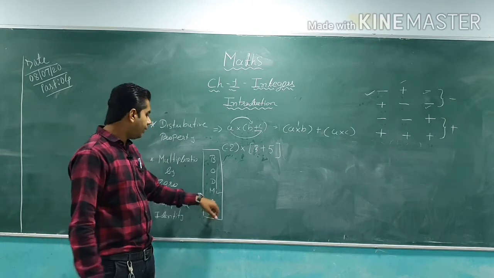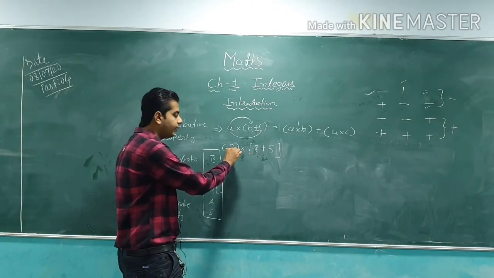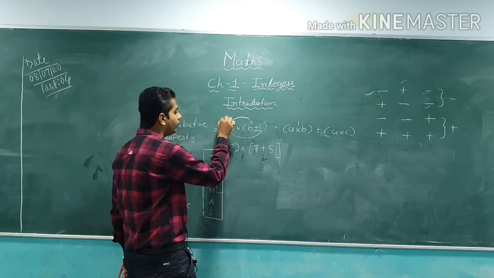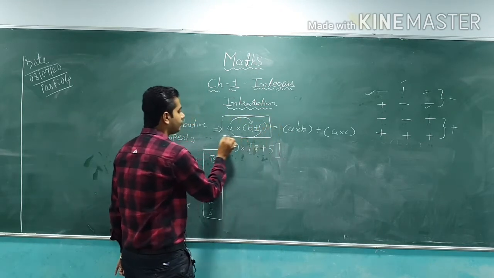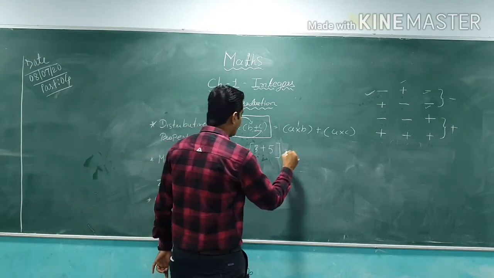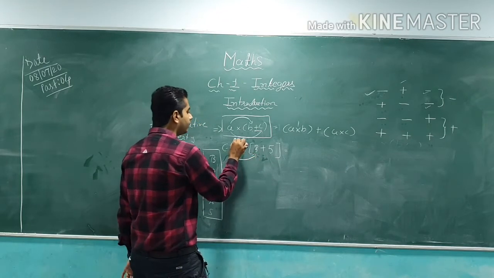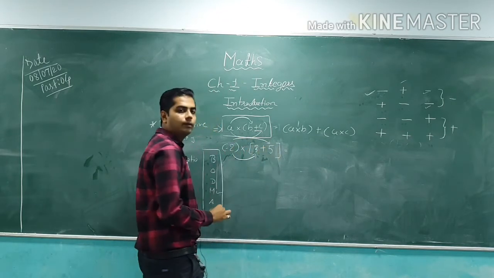Multiplication, after that addition. But how can I do multiplication? Directly with the 3? No, we have to follow the distributive property. So according to the distributive property, I will multiply minus 2 with the 3 and then I will multiply minus 2 with the 5.